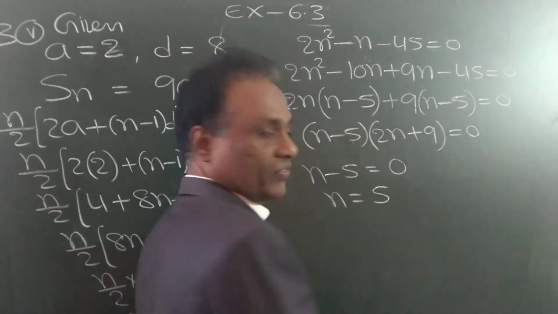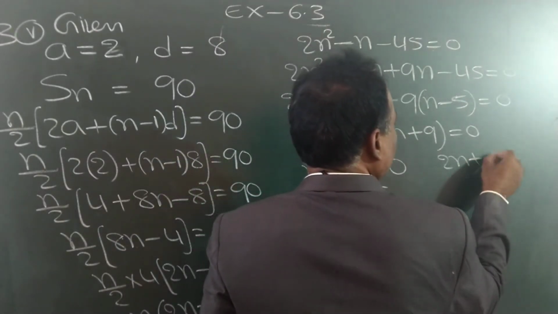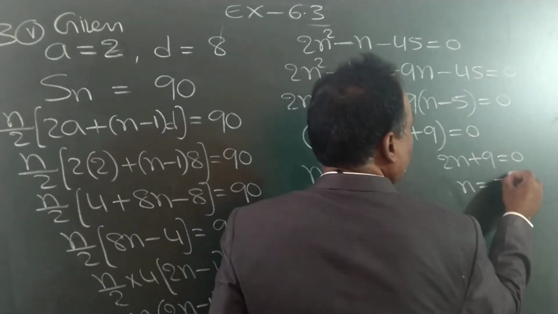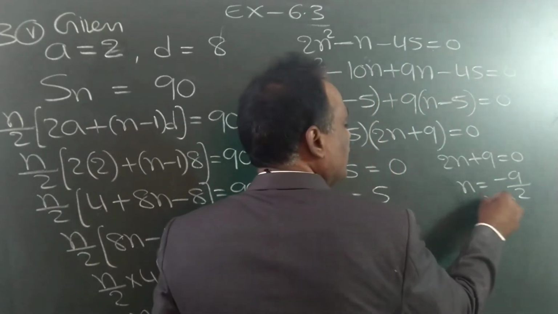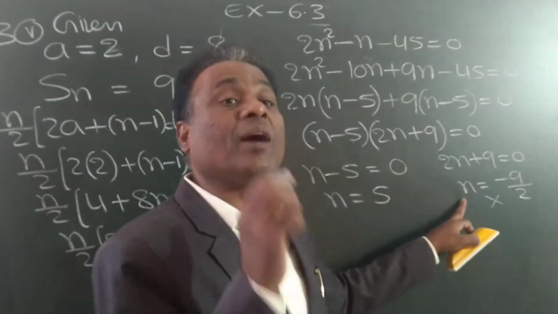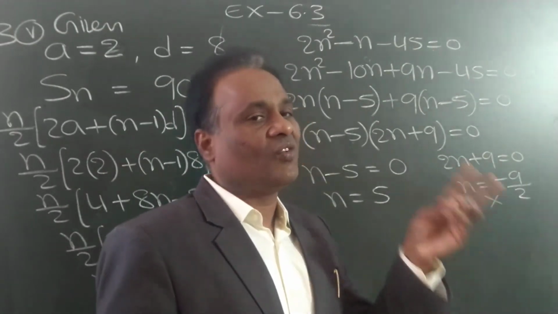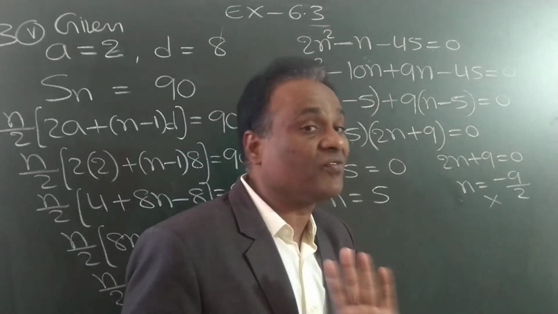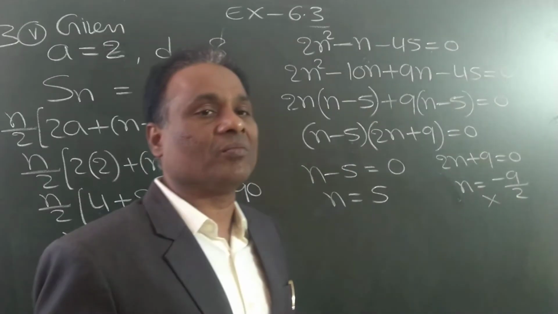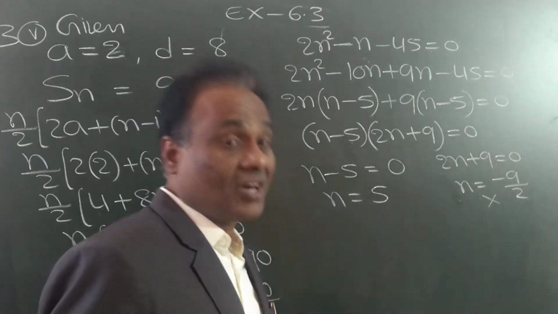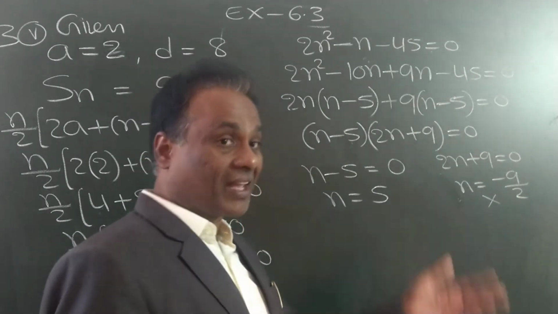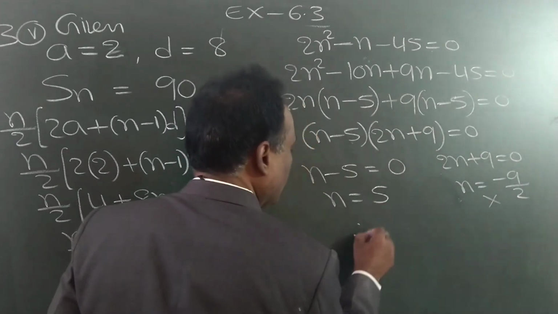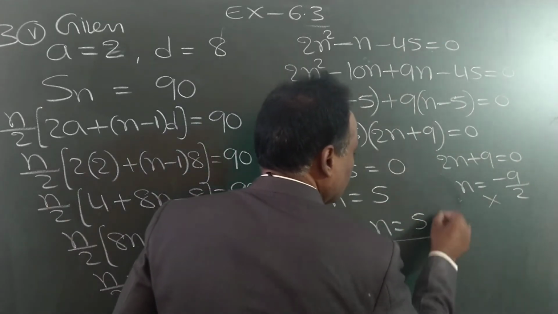If 2n plus 9 is equal to 0, then 2n is equal to minus 9, and n is equal to minus 9 by 2, which is wrong because n is a number: the first term, second term, third term, fourth term, fifth term, not the minus 9 by 2th term. So therefore this is wrong, and n is equal to 5 is the answer.